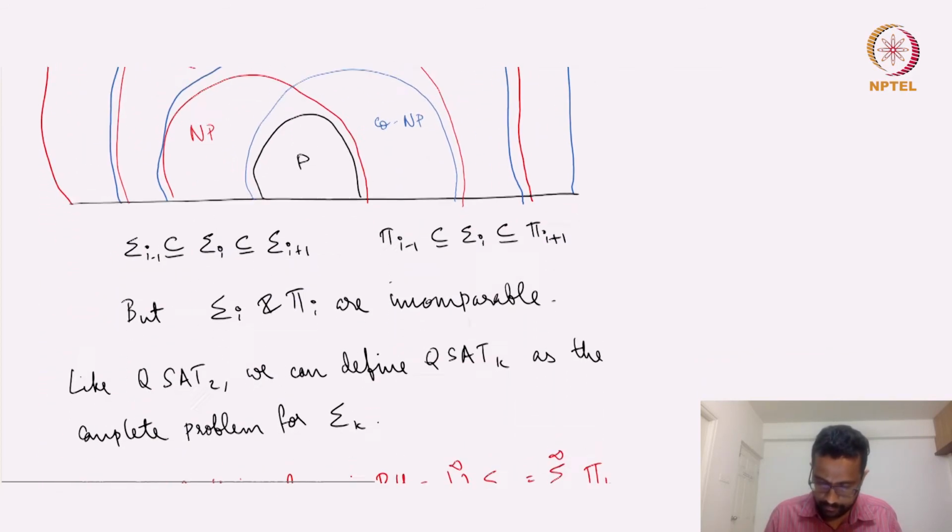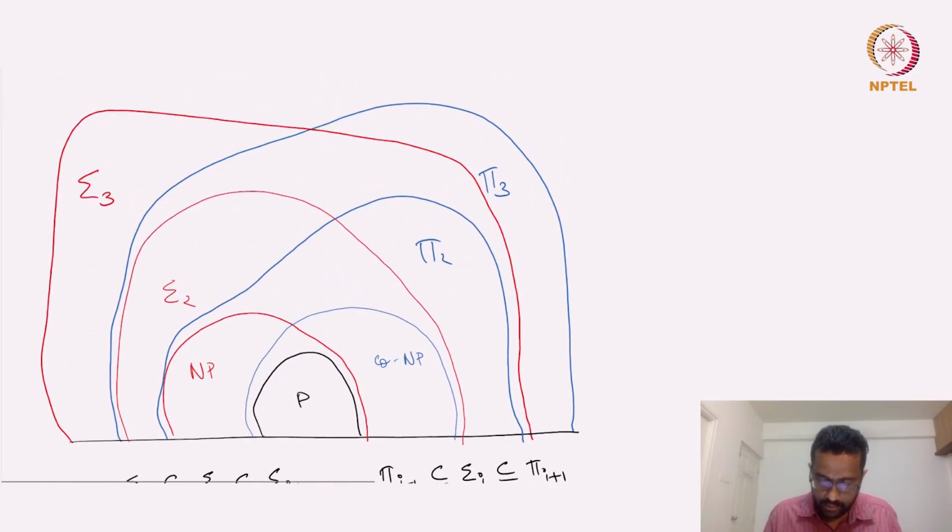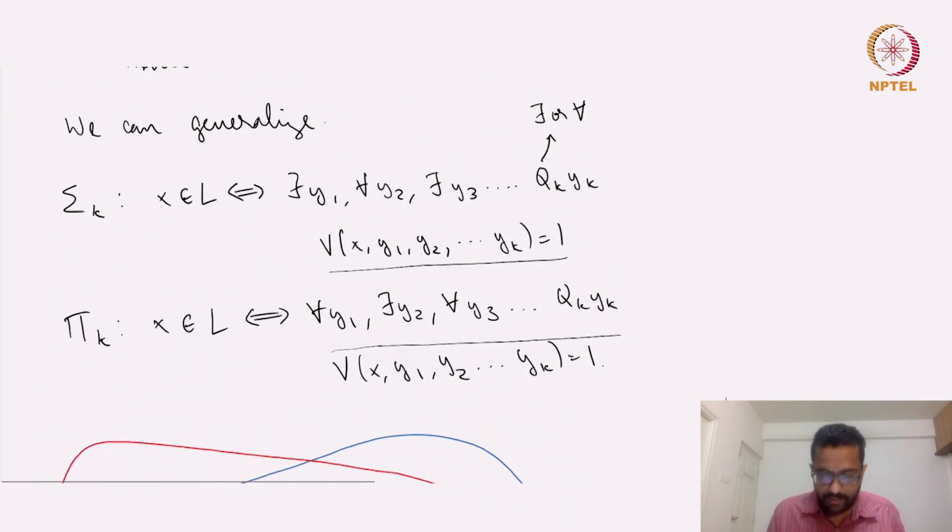And just to conclude, in this definition I just defined sigma k and pi k. If you look at sigma 1, it is nothing but NP, because when k equals 1, you just have a single existential quantifier, which corresponds to what we have seen for NP.